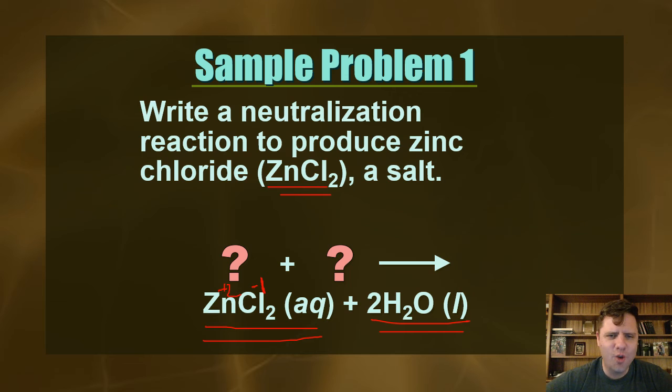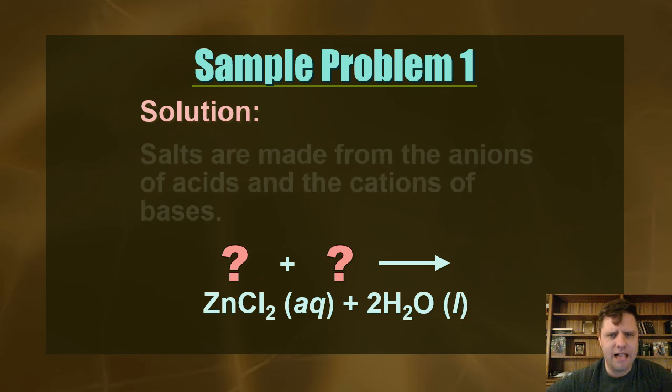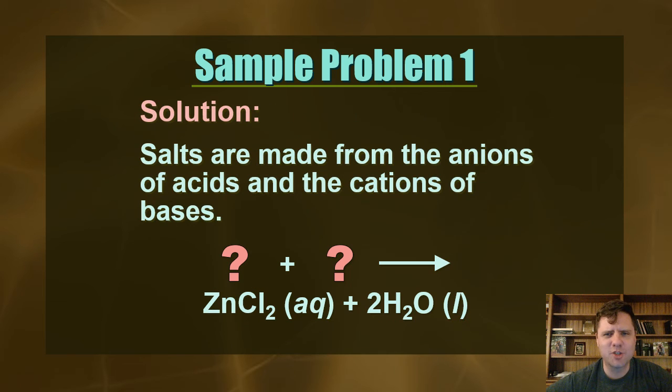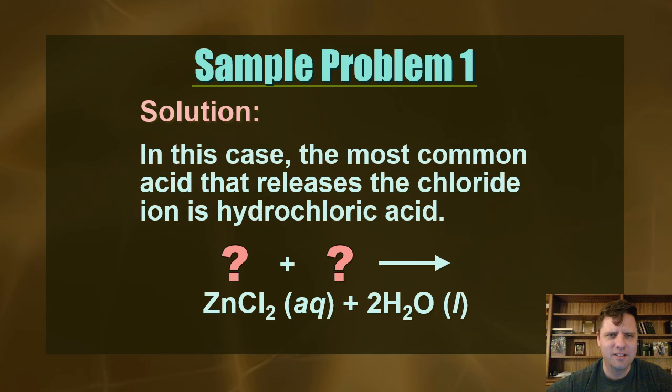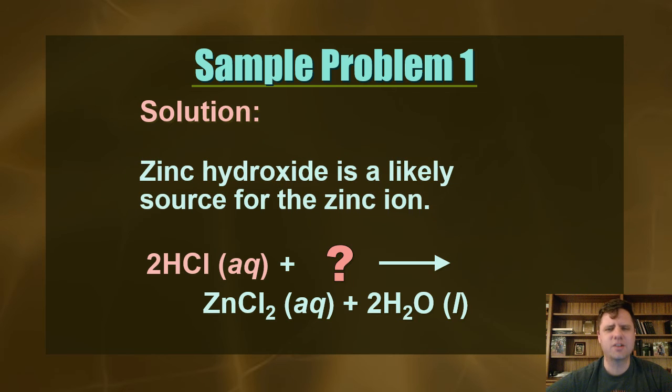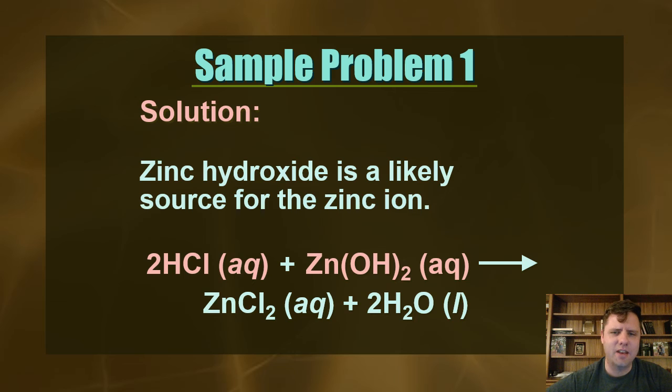So the question is, what is it that's coming together to form both this salt and water? And we can kind of work backwards here. Salts are made from the anions of acids and the cations of bases. In this case, the most common acid that releases chlorine ion is hydrochloric acid. So 2HCl. Zinc hydroxide is a likely source for the zinc ion, Zn(OH)2.